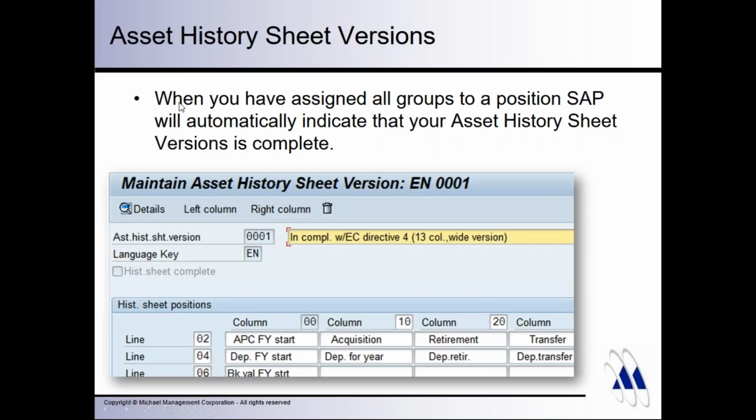So in the menu, there's an option where you say completeness check, and it shows you a little pop-up window, and it will tell you why this is not complete, right? It will tell you specifically, so your transaction type 100 is not assigned to a group, or the group is assigned, but you didn't assign the depreciation for it. So it will actually tell you exactly what you still need to complete.